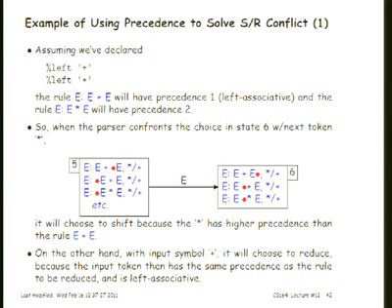The way that shows up, if you look at the machines that get generated, what are called LR machines, is that they have states.